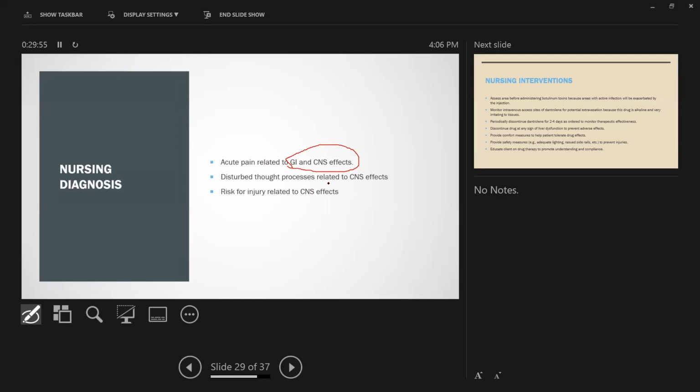Also, disturbed thought processes. This is not so much a problem with subcutaneous Botox or very, very shallow IM Botox. That doesn't tend to be as much of a problem. It is with dantrolene, potentially. And then risk for injury due to falls, things like that.